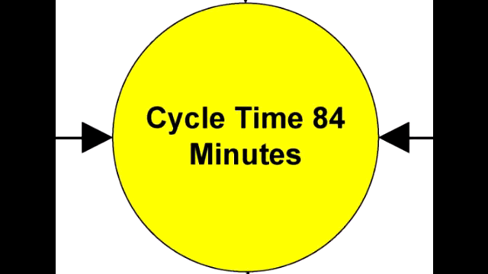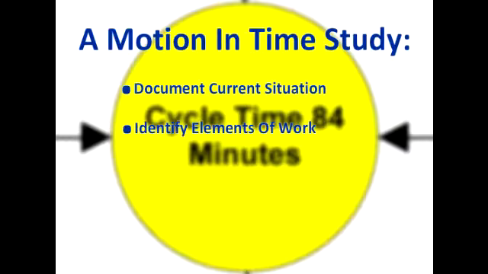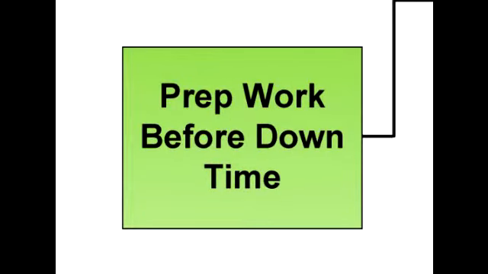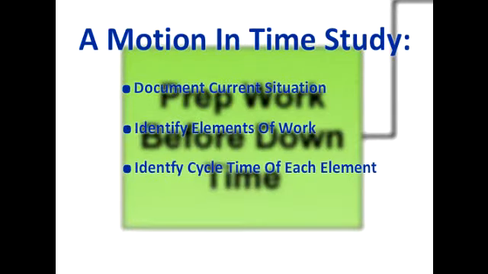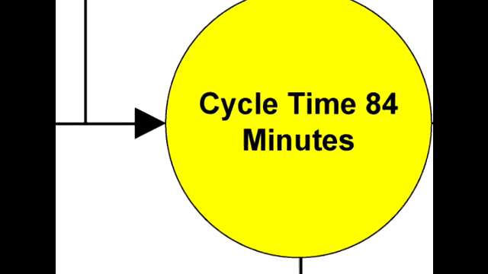One of the things that we start with is to first take a motion and time study and document what the current situation is, that the operator and he or she has an assistant to identify each element of the work that they do, the cycle time to do that element, and then after we have completed the study and start to do our analysis work, we want to identify which elements of that process can be done beforehand, meaning be done external to the startup or the changeover, and which elements have to be done when that equipment is down.